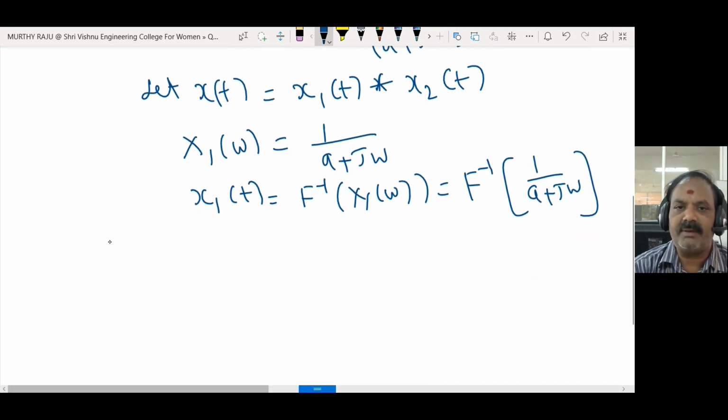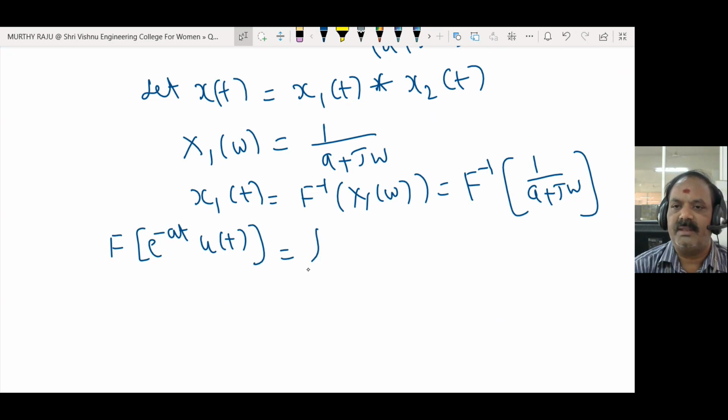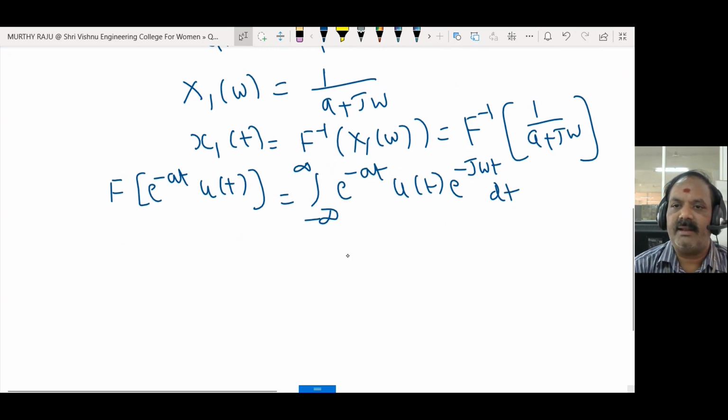We know that the Fourier transform of e power minus at u of t is equal to the integral from minus infinity to plus infinity of e power minus at u of t e power minus j omega t dt. In the interval, u of t value is 1 for t greater than or equal to 0, that is 0 to infinity. The u of t value is 1.